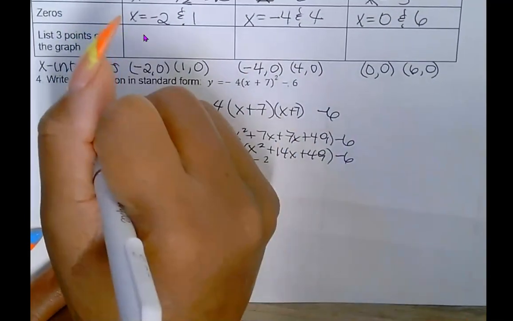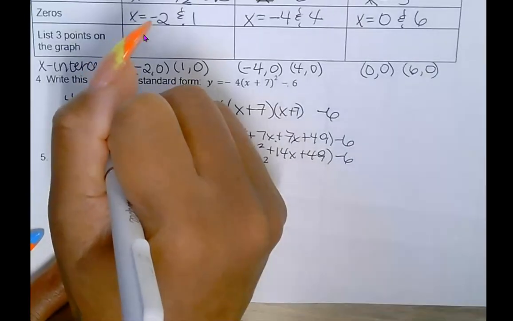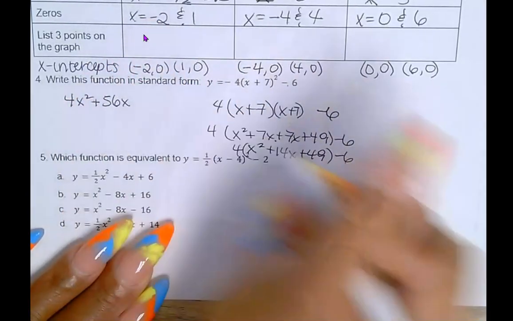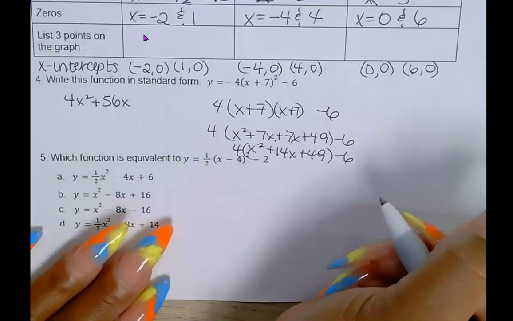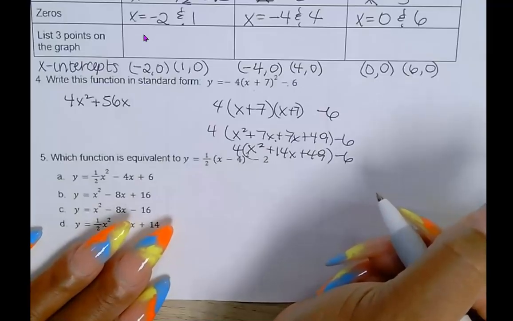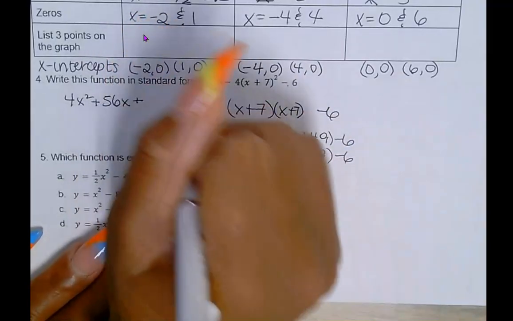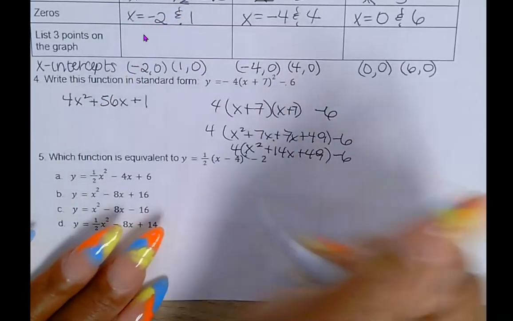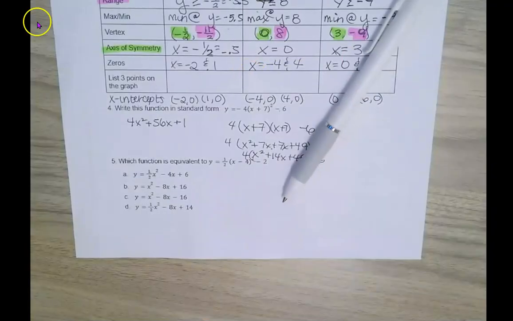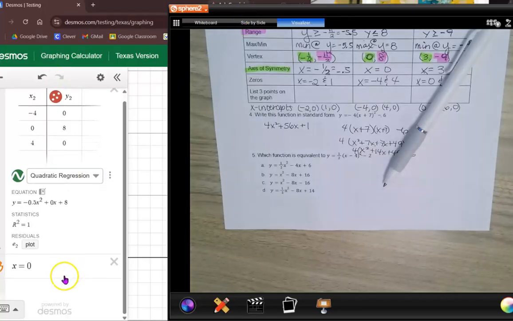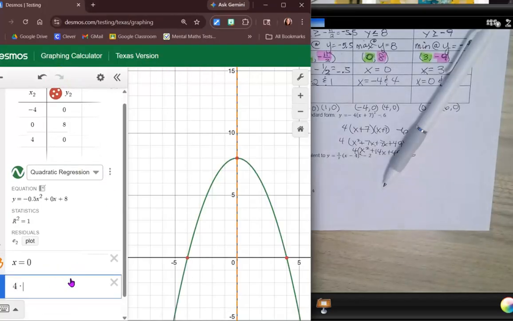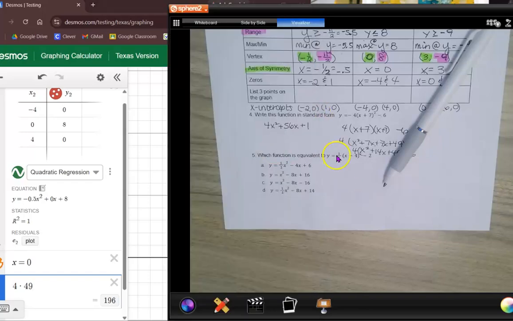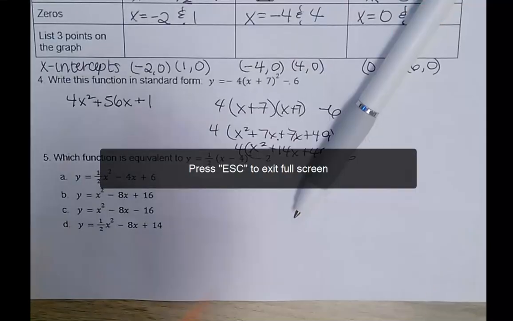So this is now 4x squared. 14 times 4 is 56x, and 49 times 4 is... I need Desmos. 4 times 49, 196.